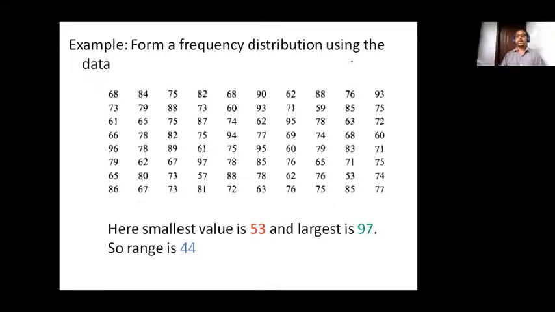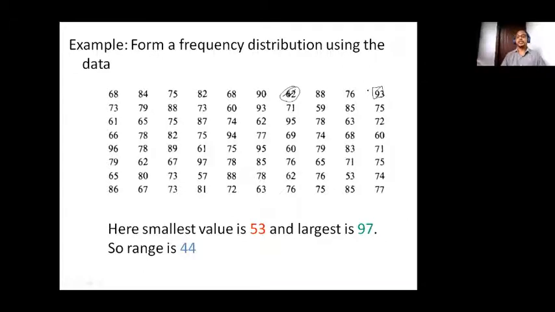For example, to form a frequency distribution using this data, first we shall find the smallest value of the data. For that, we find the smallest and the largest of each row. The smallest of the first row is 62 and the largest is 93.